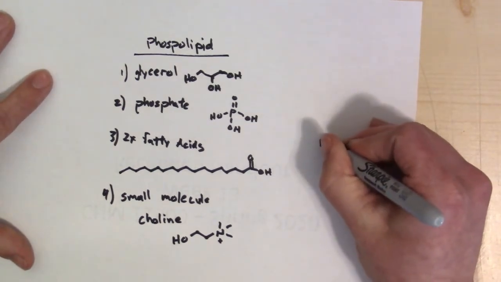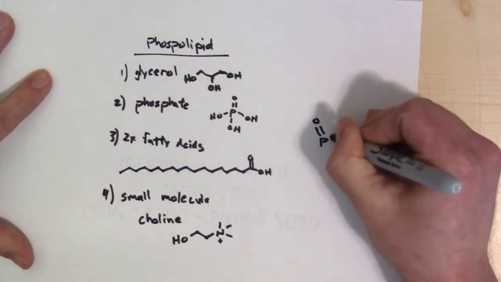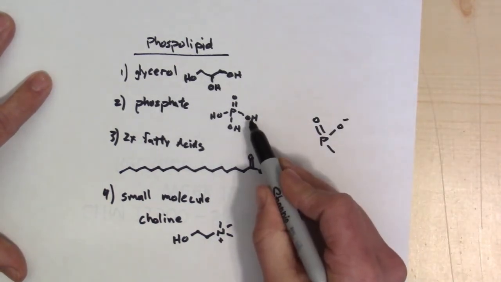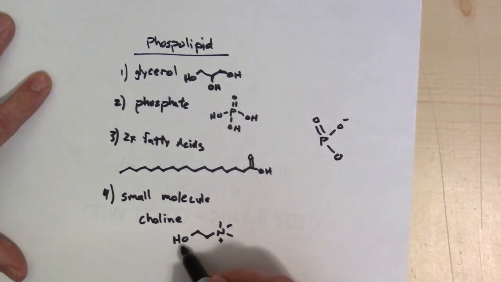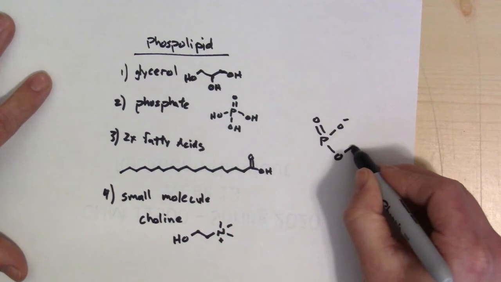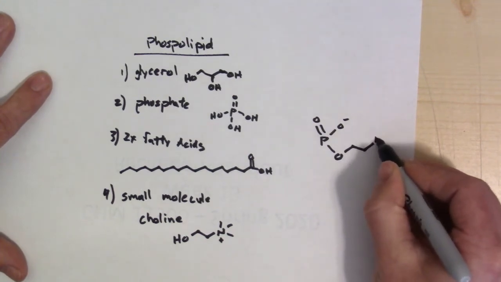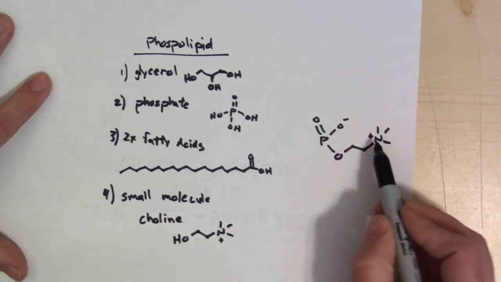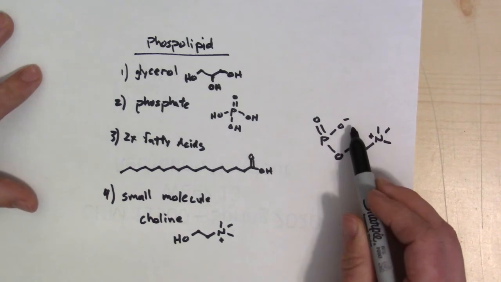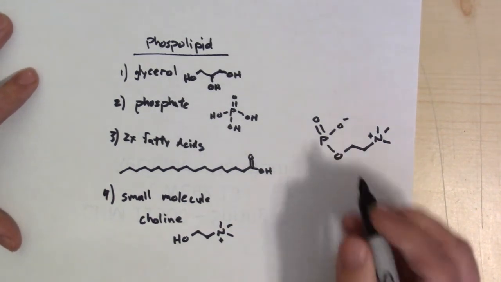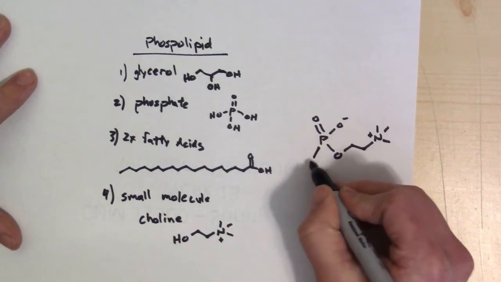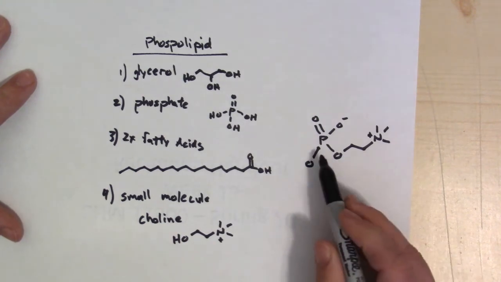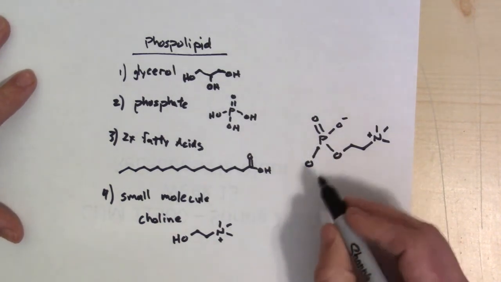So you have your phosphate with the small molecule connected to one of the oxygens of the phosphoric acid, connecting to this hydrogen. So we have our choline over here. So this positive charge neutralizes this negative charge on the phosphate, and the third oxygen of the phosphoric acid that was singly bonded connects to glycerol.